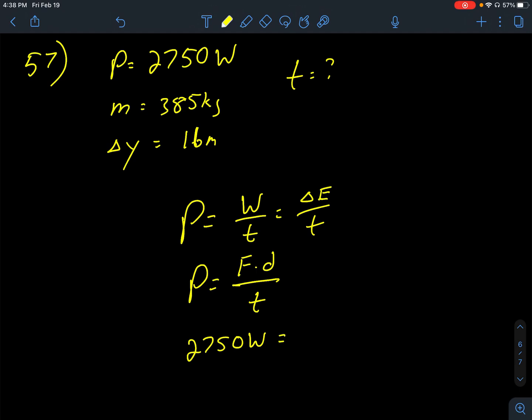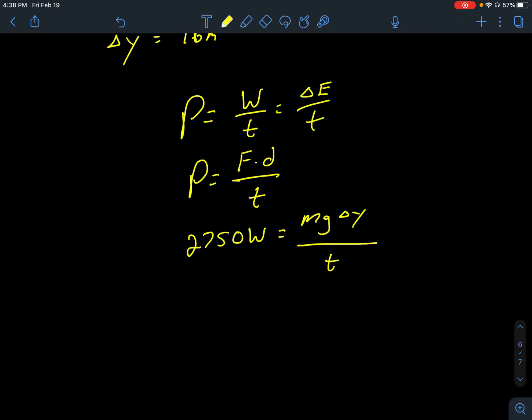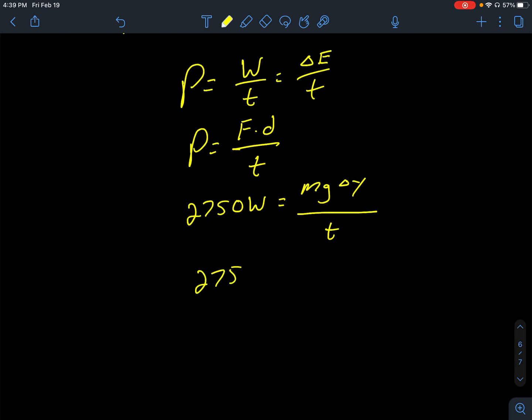Our force here is going to be our force due to gravity, so it's going to be mg, times the distance that it was moved. It was moved a vertical height, so we can put delta y, or feel free to put a d for distance there, all over time. So we have the mass. Where'd it go though?